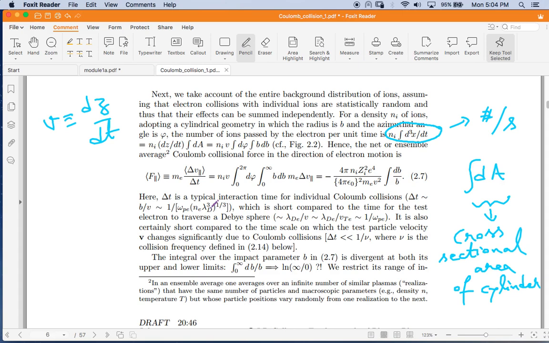The thing to keep in mind here is that the delta T is short in comparison with the time for a test electron to traverse a Debye sphere. And the time for a test electron to traverse a Debye sphere is something like lambda D over V. If you substitute for this V with a thermal velocity, it's the reciprocal of a frequency which is called the plasma frequency.